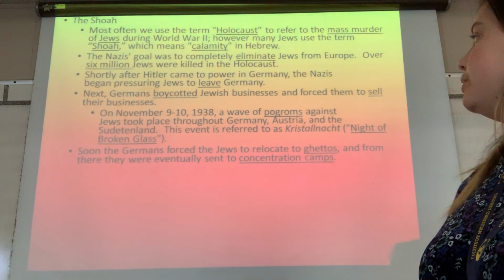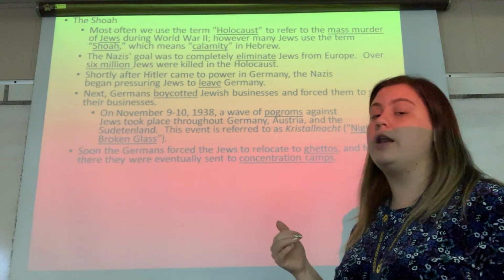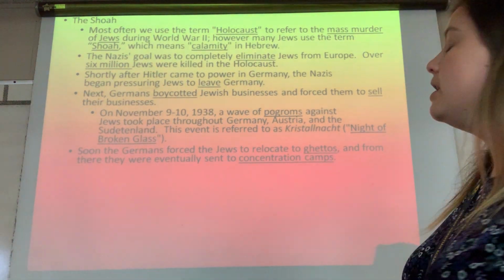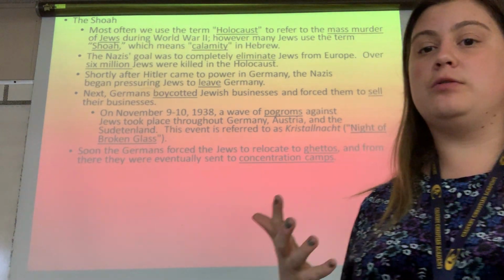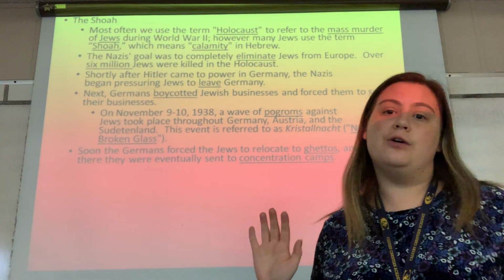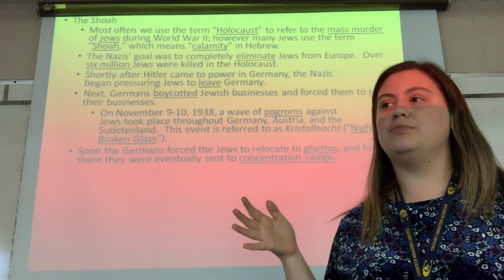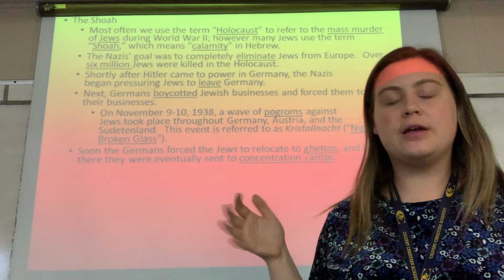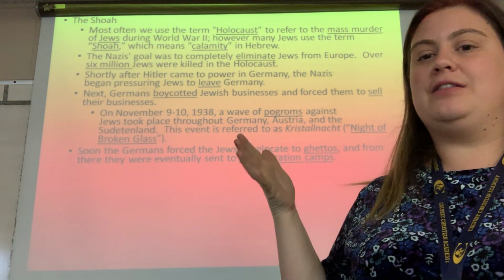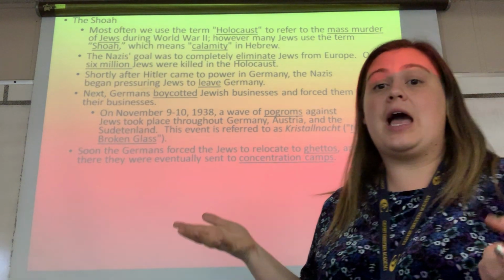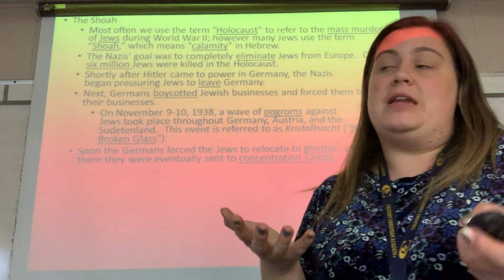All right, so soon from that point on, the Germans are going to force the Jews to relocate to ghettos. Now, we tend to use the word ghetto now just as a fun slang word, but it's actually a legitimate thing, and it does mean the same thing that we mean today.